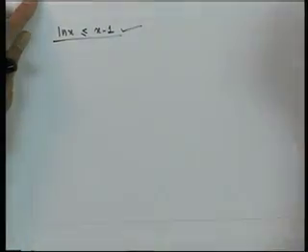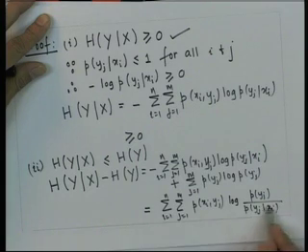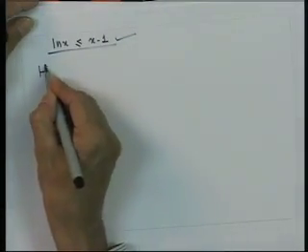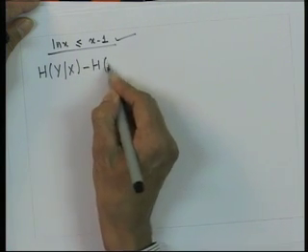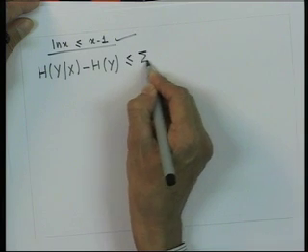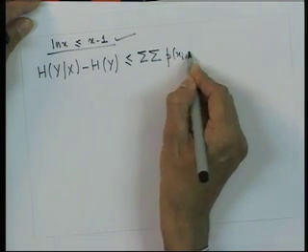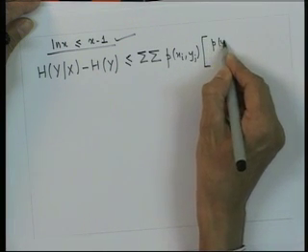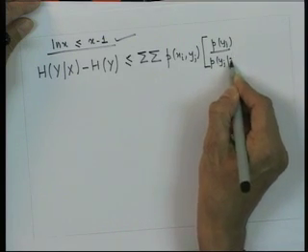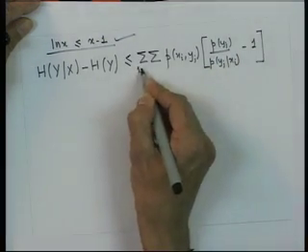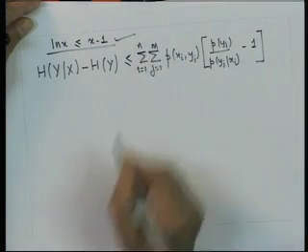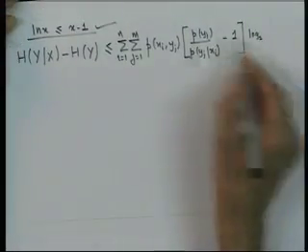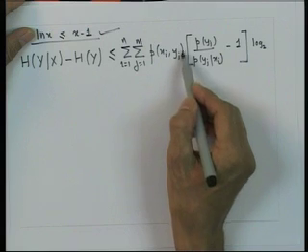If I use this property, with x equivalent to this quantity here, then I can write that h of y given x minus h of y is always less than or equal to double summation of probability of xi, yj times probability of yj, with i equal to 1 to n and j equal to 1 to m, multiplied by a factor, because this expression is with respect to the natural base whereas we have here log to the base 2.